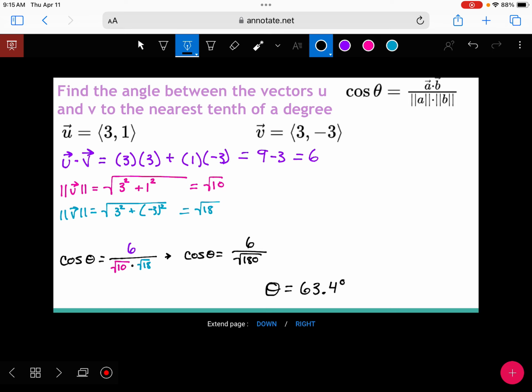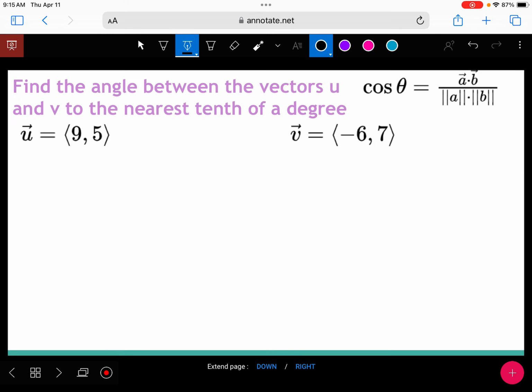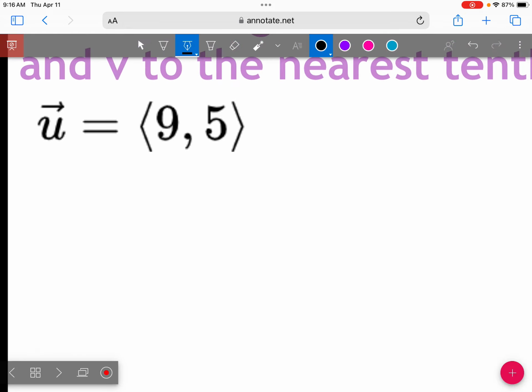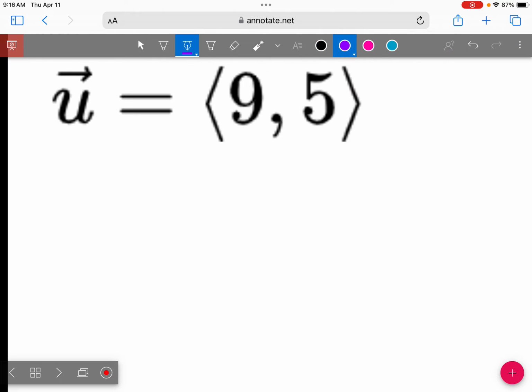Questions, okay? We're going to do 2 more like this, so we can practice this a couple more times. Same thing. Exact same thing. We're just doing it 2 more times so we can practice it, because the next piece is moving on in a different direction. So same thing, we're going to do our dot product and find all our magnitudes.